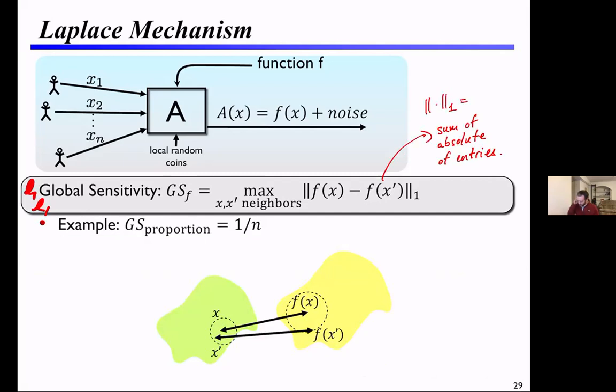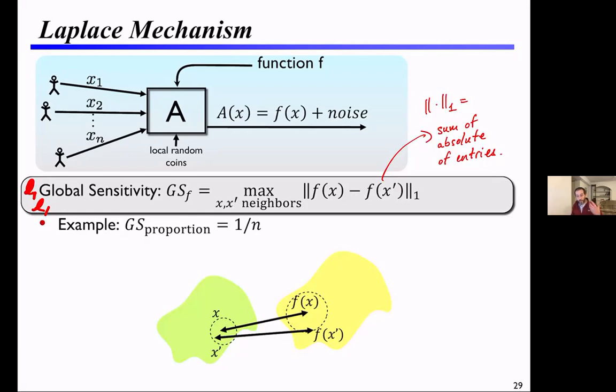That's a fancy notation for just meaning we look at the difference between f of x and f of x prime, take absolute values, so that every entry of the vector is non-negative, and then add everything up. That's the measure of how far apart the two vectors are.